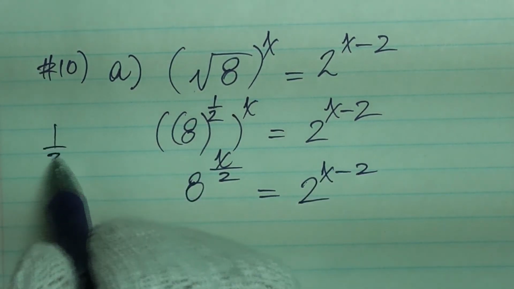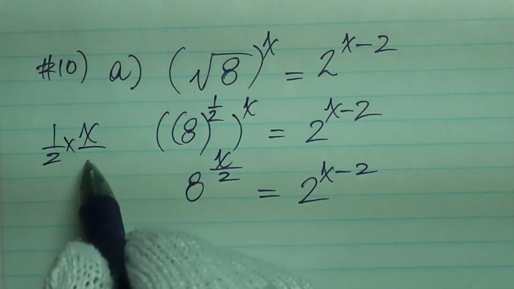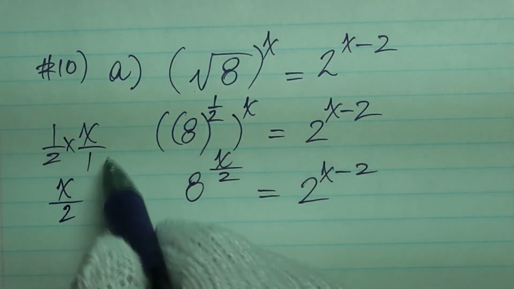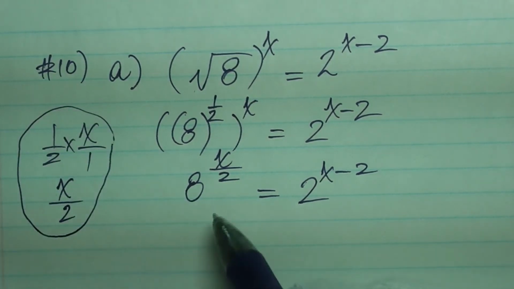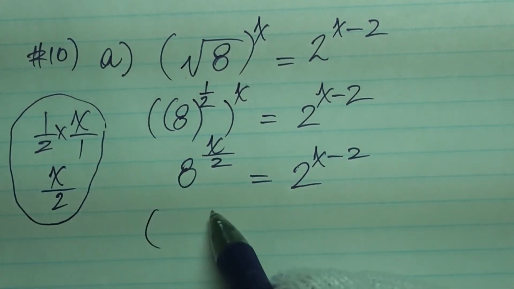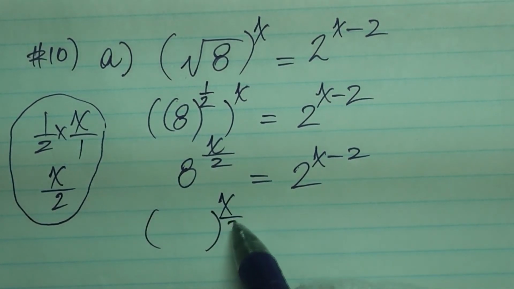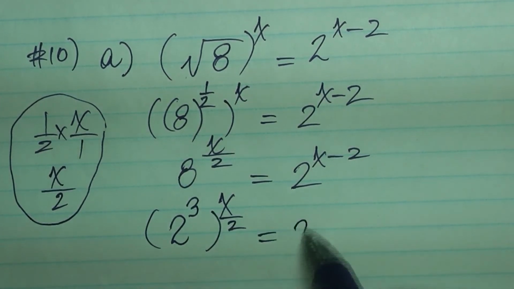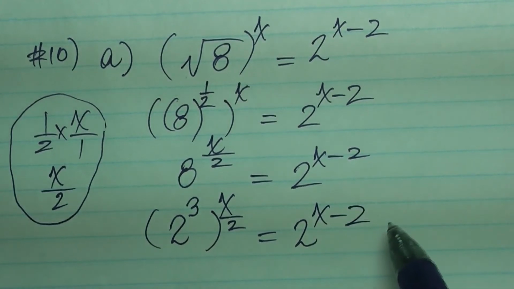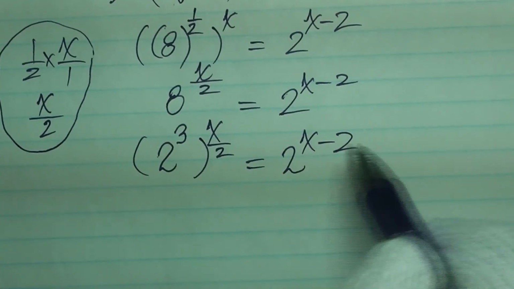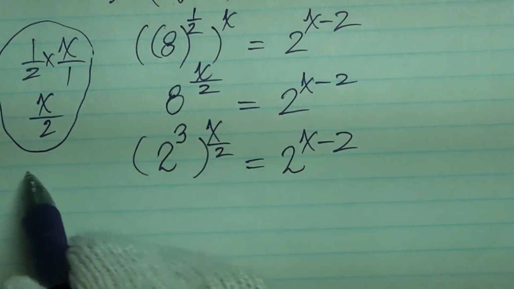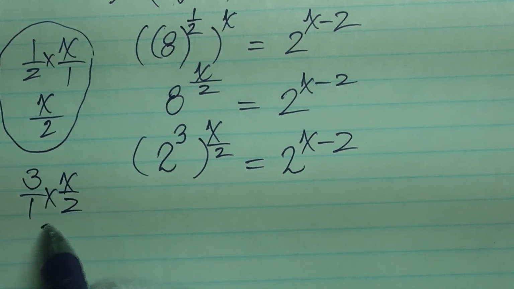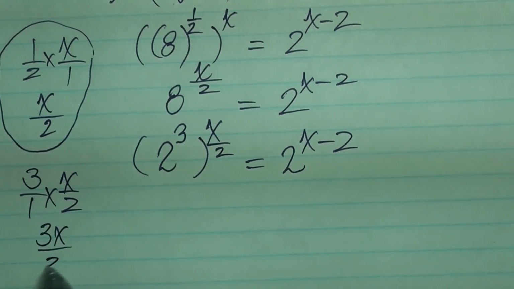Because that's 1 over 2 times x, and there's a ninja 1 there. 1 times x is x, 1 times 2 is 2. Next thing I'm going to do is keep that x over 2 outside. I'm going to write 8 as 2 to the 3. Now, this is the same as 3 over 1 times x over 2, which will give me 3x over 2.